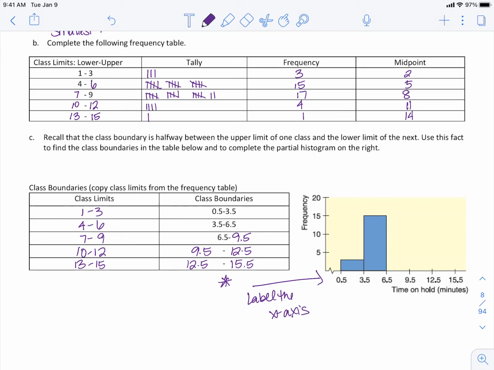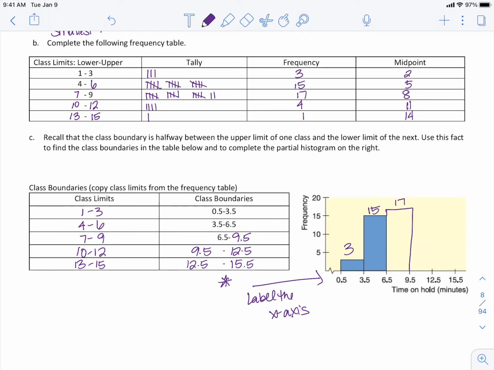And let's complete this histogram. So the height of the first bar is 3. The height of the second bar is 15. We found the next one from 6.5 to 9.5. The height is 17. So we're going to complete that bar.